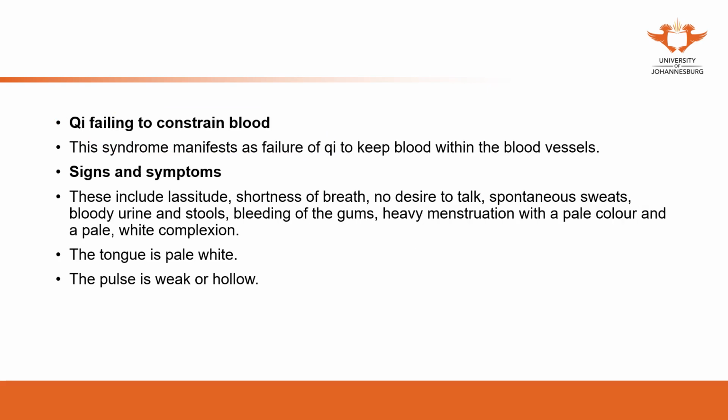Qi failing to constrain blood. Qi is supposed to constrain the blood to keep the blood in the vessels. If qi fails to keep the blood in the vessels, it will result in bleeding. Bleeding in the urine or stool, in the gums, heavy menstruation that's pale in color, pale complexion.